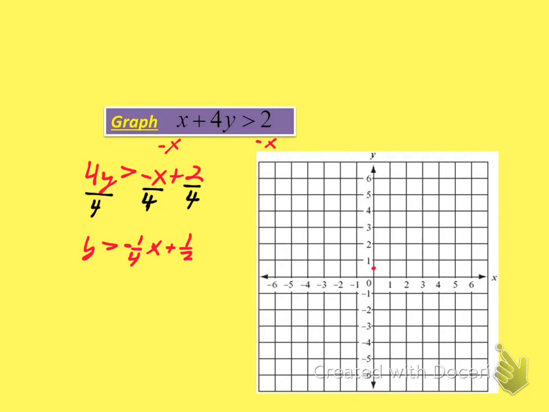How do you move? What's your slope? Negative 1/4, which means we're going to move down 1 and right 4. When we say that, we just assume we're talking about down 1 unit, right 4 units. Yes? Okay, so from 1/2, we're going to move down 1, from 1/2 to negative 1/2. It's not like you go from 1/2 down to 0 or all the way down to negative 1. You move 1 unit. It's basically doing 1/2 minus 1.